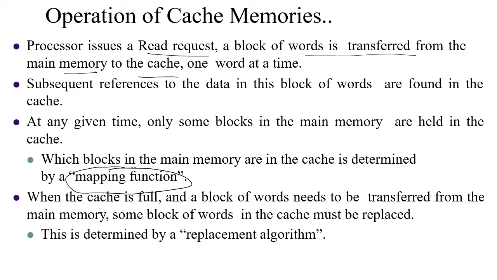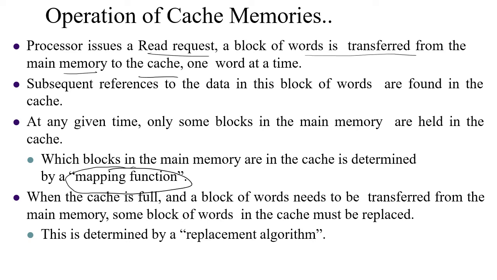Now in that case, since the cache is full, the main memory cannot place the repeatedly executed instructions directly into the cache. So there should be some block of words that are less frequently used inside the cache that has to be transferred back, or erased, so that it makes space for the next set of blocks to be copied into the cache.